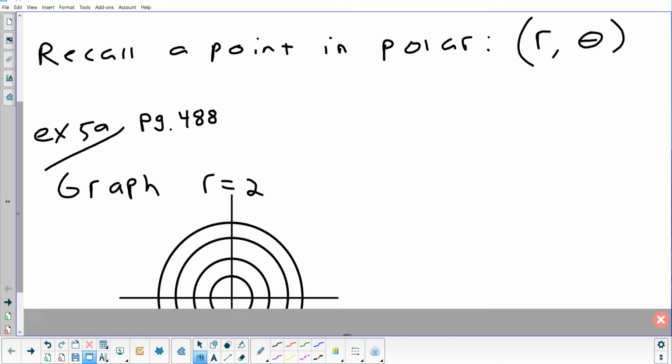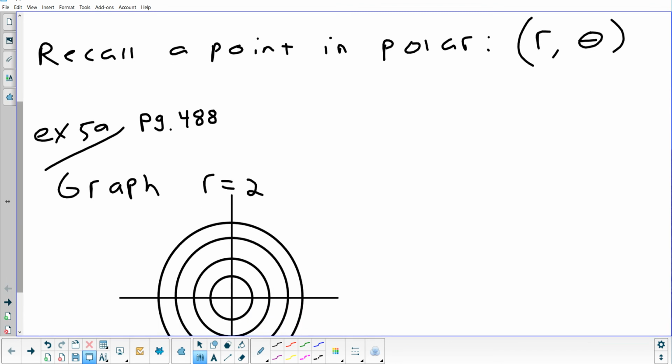And what I want to do first is sketch the graph r equals 2. The graph r equals 2 means you can pick any coordinate you want in this format as long as the radius value is 2. So could somebody give me basically any angle you want?